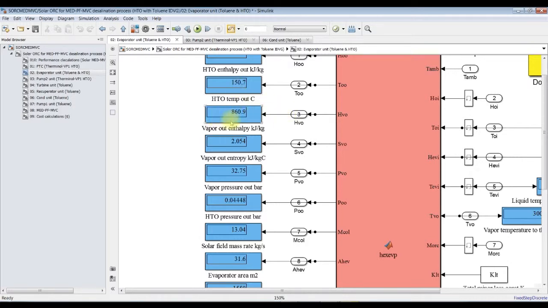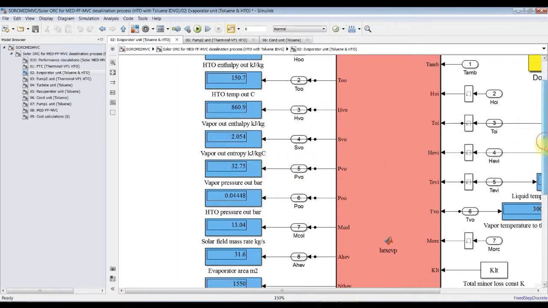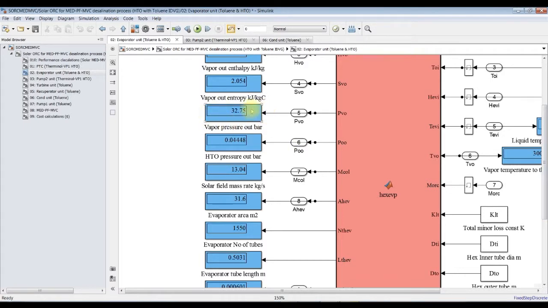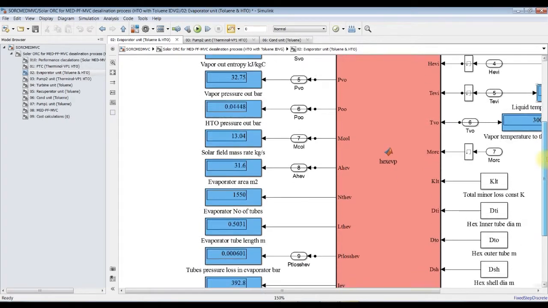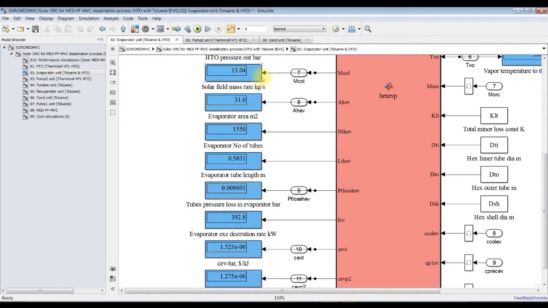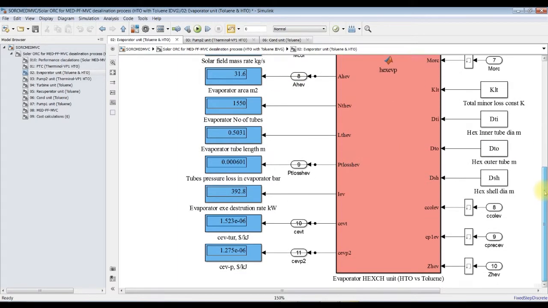This is the enthalpy of the oil, entropy of the oil, and pressure. This is the outlet vapor pressure going to the turbine unit, and this is the pressure inside the solar field. It's quite comfortable for the tubes. Mass flow rate through the solar field, effective area, and so on.